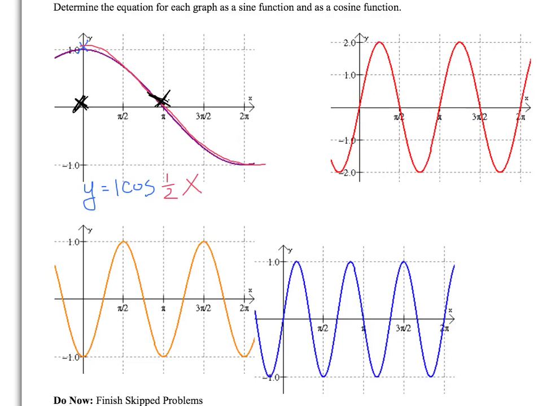Normally, a sine graph should start at 0, 0. But do you see I hit my x-axis way over at pi instead? And also, instead of my normal sine graph, which goes up first, from this point I go down. So since I go down, instead of having a 1 sine x, it's going to be negative 1 sine.